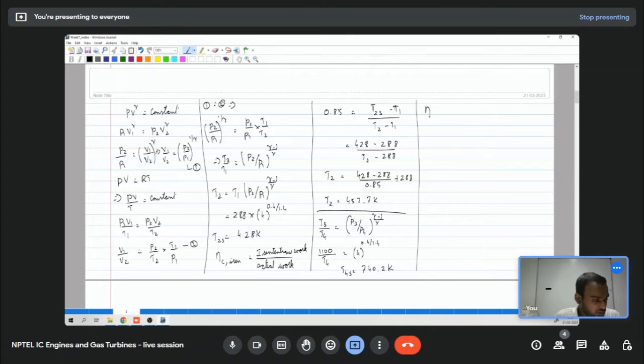So writing the expression for the turbine isentropic efficiency, we have actual work by ideal isentropic work.